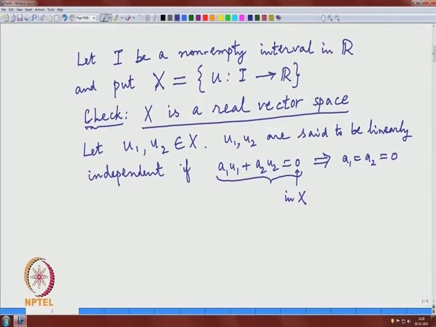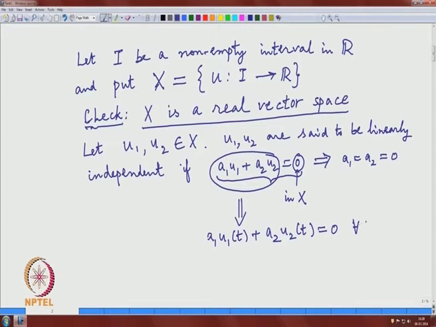Okay. So, a1 u1 plus a2 u2 is again a function from the interval I into real numbers. So, the left hand side is a function and this is the 0 function. So, this implies a1 u1(t) plus a2 u2(t) equal to 0, and these are real numbers, for all t in the interval I. Okay.